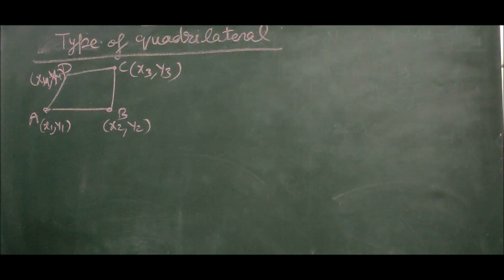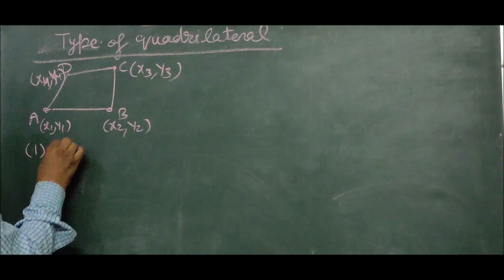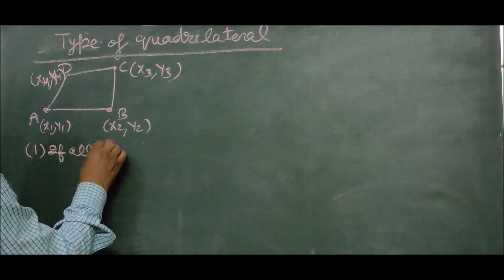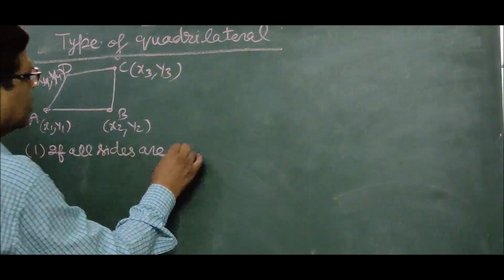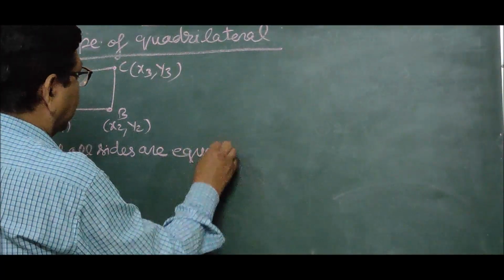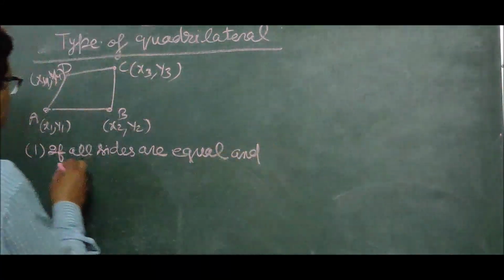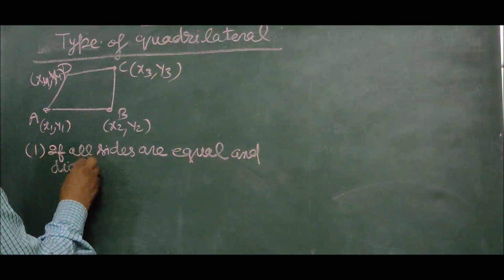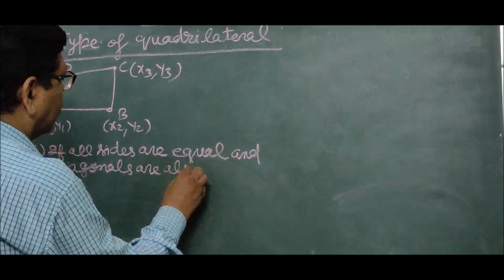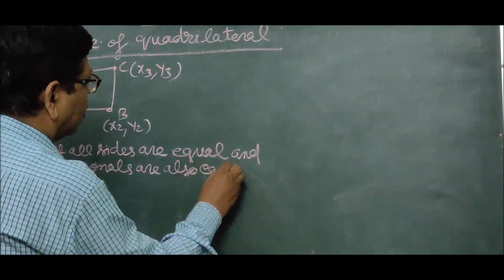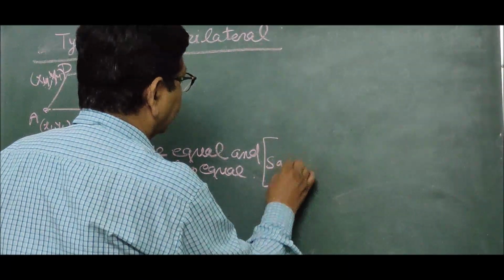Now this quadrilateral is a square if all sides are equal and diagonals are also equal. Then the given quadrilateral is a square.